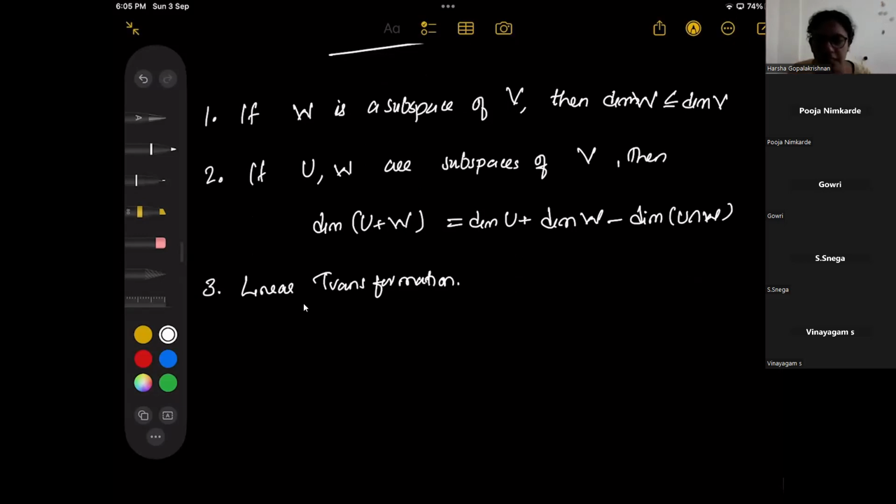Okay, what is a linear transformation? Can anyone tell what is a linear transformation?